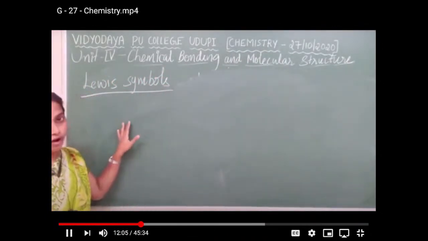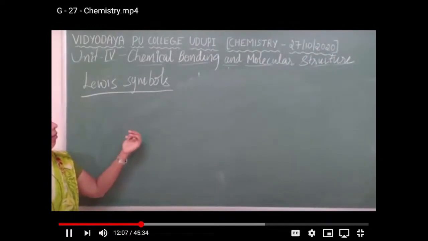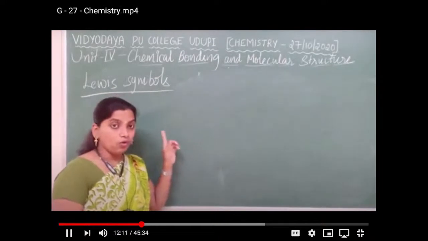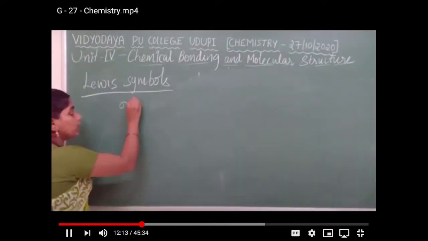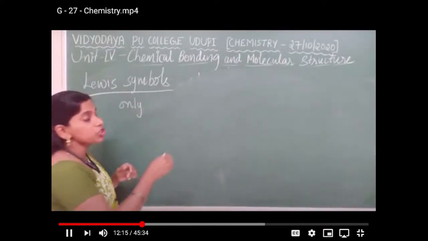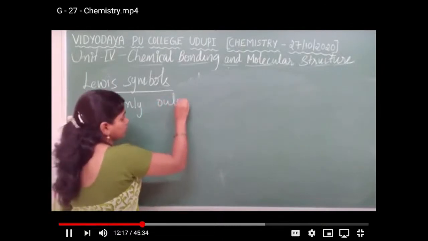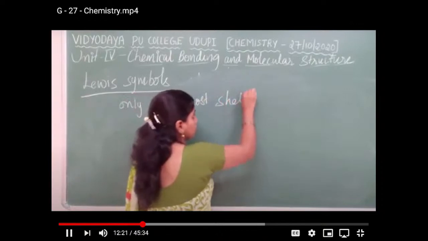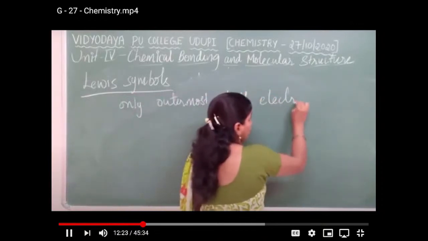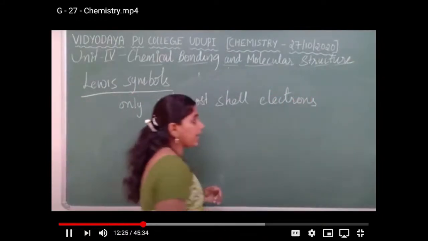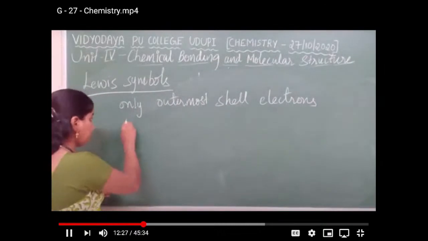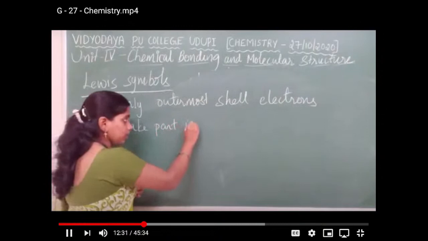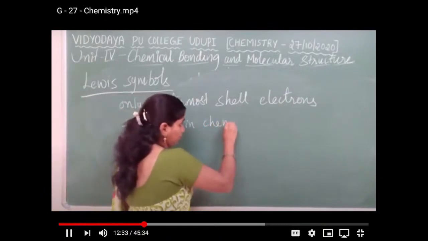During the formation of a compound by chemical bonding, only the outermost shell electrons take part in the bonding.